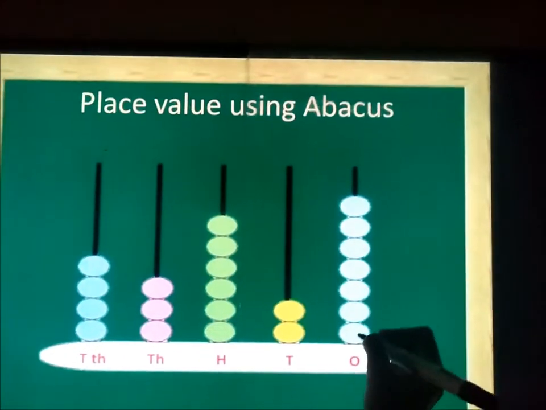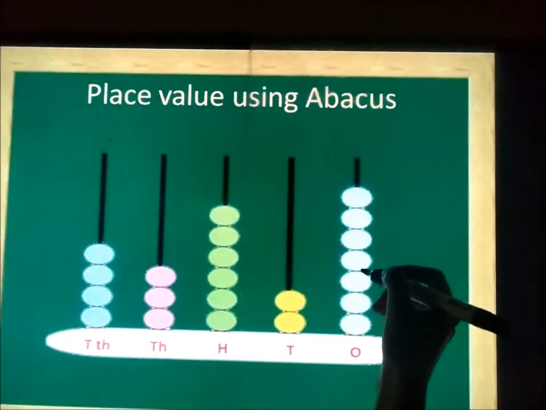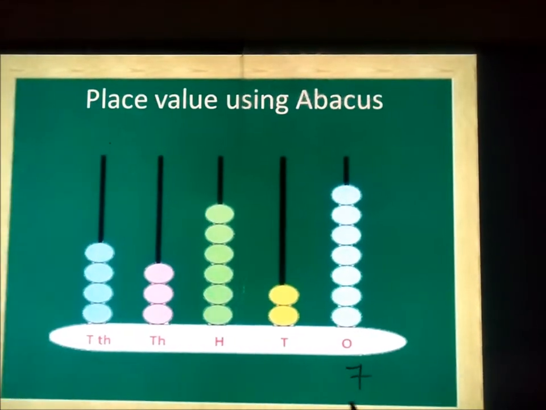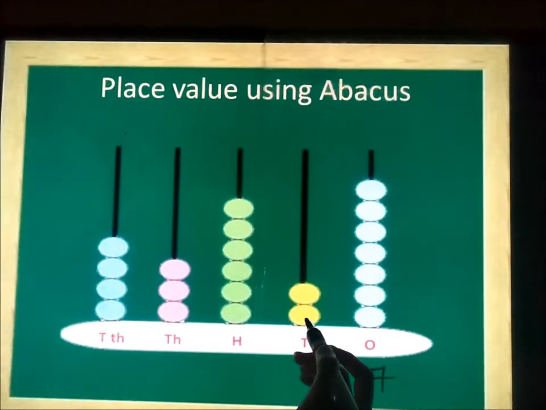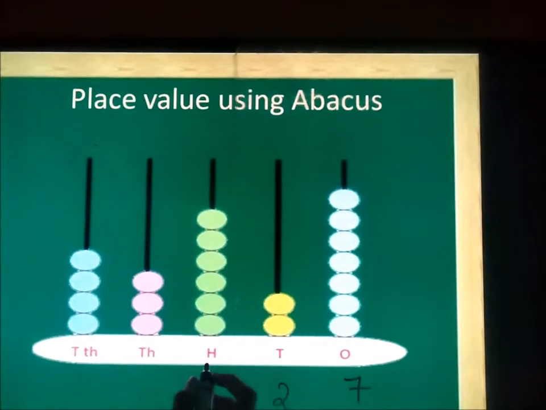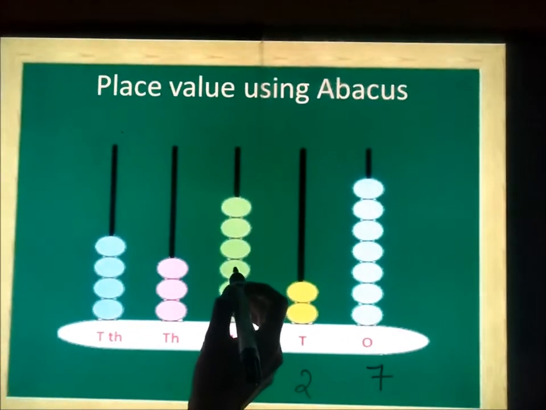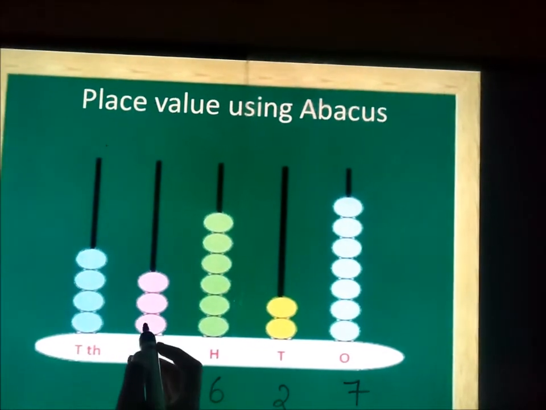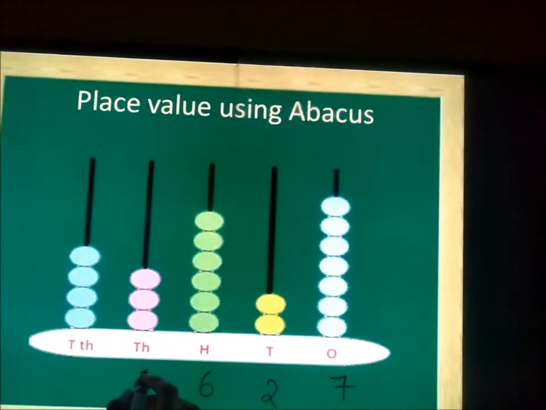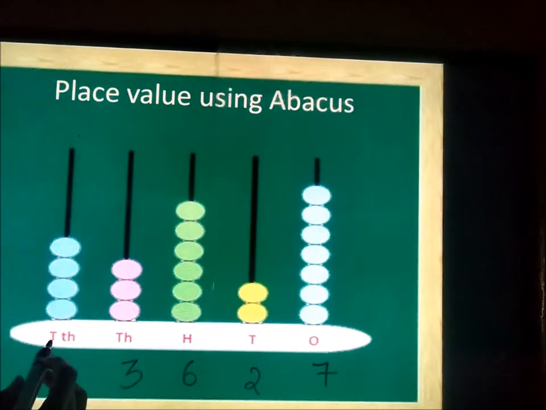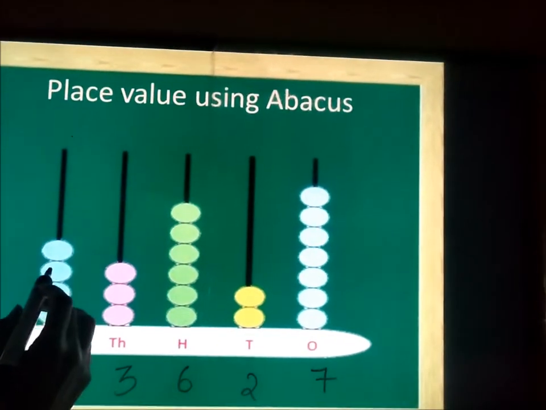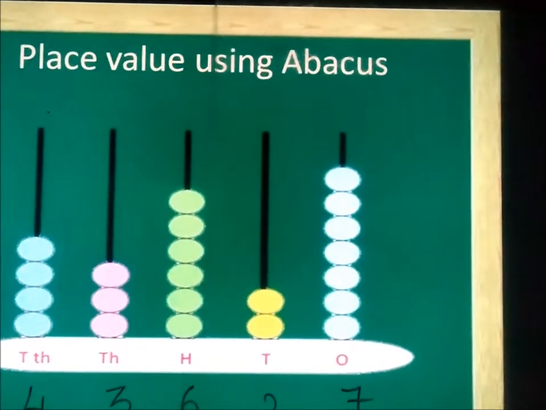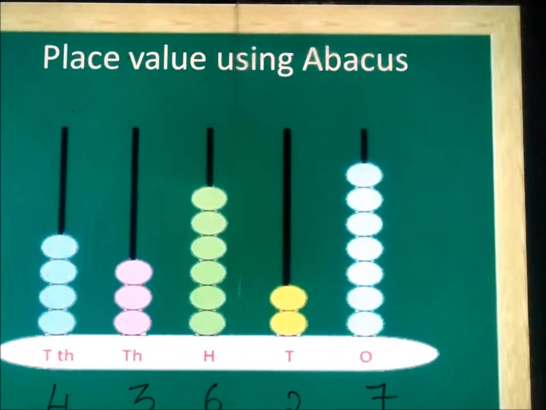Ones, how many beads are there? 1, 2, 3, 4, 5, 6, 7. 7 ones. How many tens? 1, 2. 2 tens. How many hundreds? 1, 2, 3, 4, 5, 6. 6 hundreds. How many thousands? 1, 2, 3. 3 thousands. How many 10,000s? 1, 2, 3, 4. 4 10,000s.